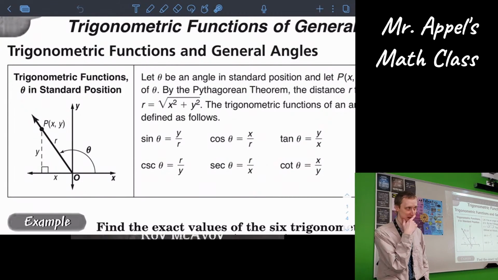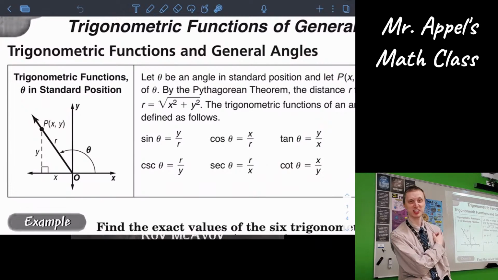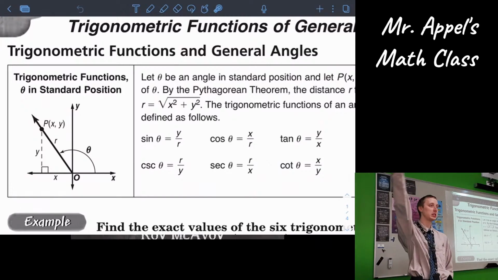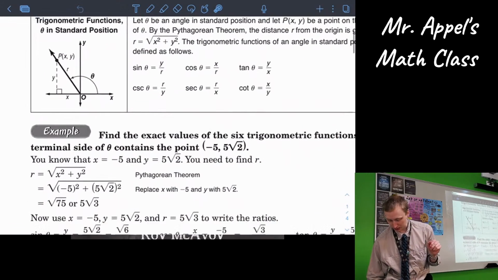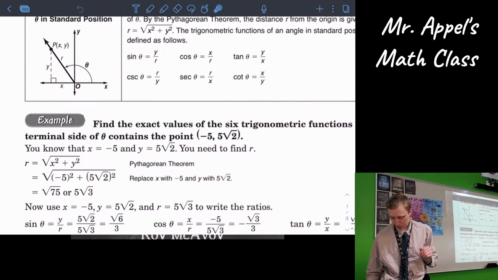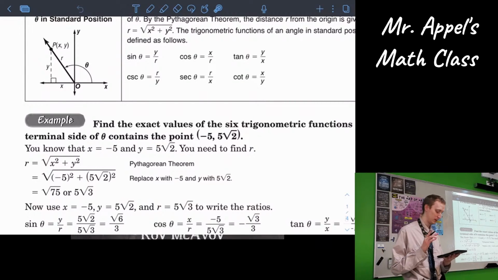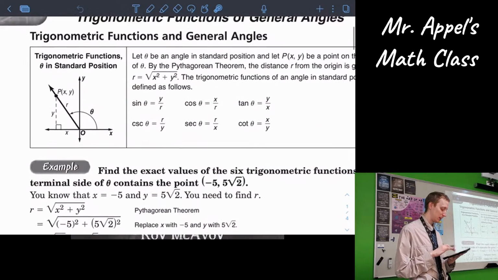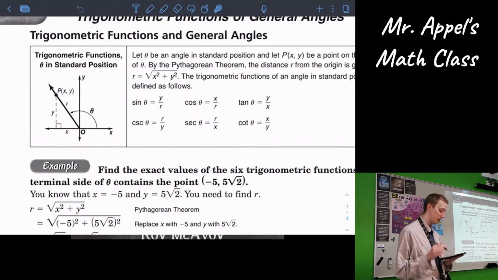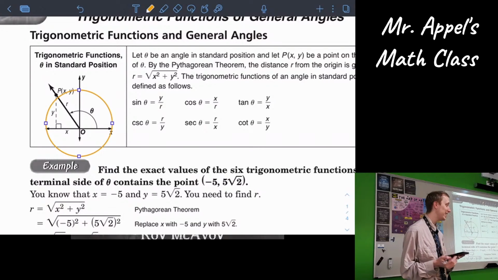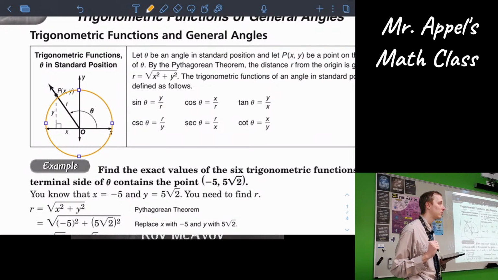The secret is, most of the time, we are going to set r ourselves. In the general case, as they're introducing here in the text, yes, r could end up as anything because they'll give you just some random point. Okay? And we'll go through the example in a moment. But most of the time, we're dealing with the unit circle. We are pretending within a circle around the origin, whose radius is set to be 1, we can find the height.